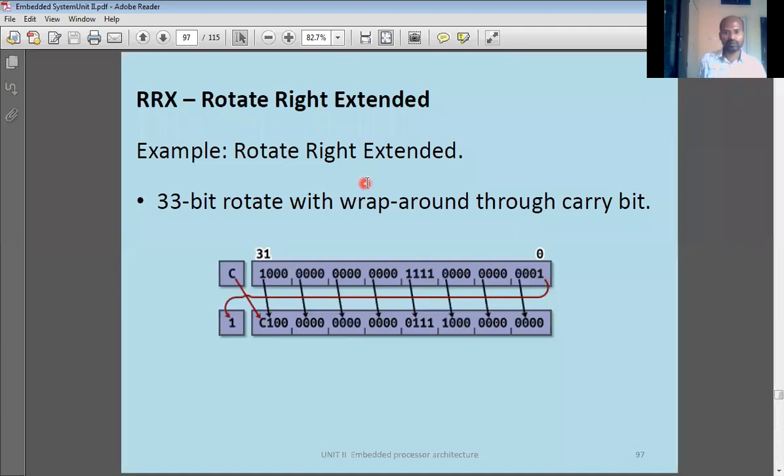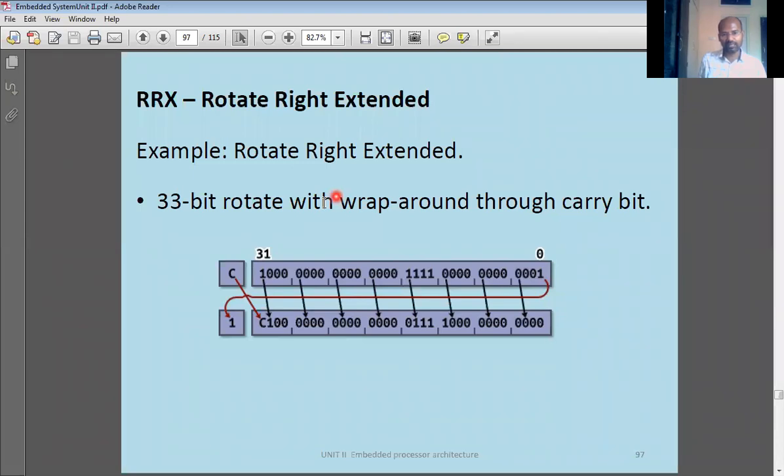We cannot specify any number here. Just this itself is the operation, RRX, rotate right extended. What happens is, the carry bit will come here as the 31st bit, and so on.